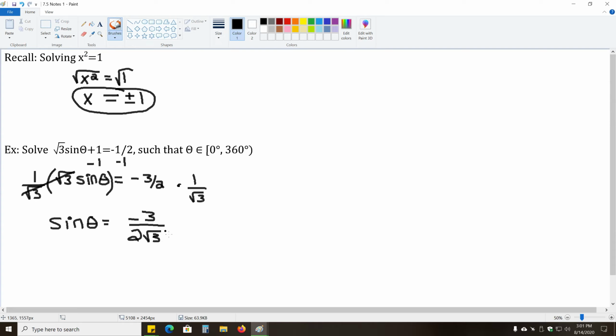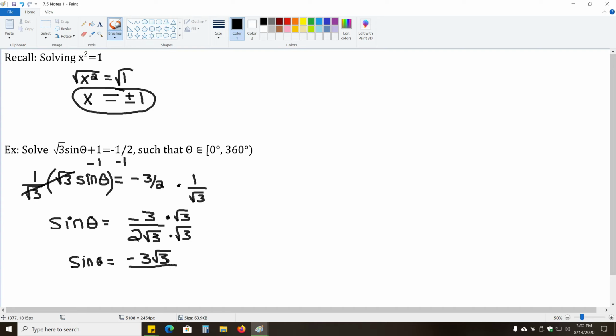And now we'll go ahead and rationalize this by multiplying the top and bottom by the square root of 3, which gives us sine of theta equals negative 3 square root 3. There's a lot of 3's here.